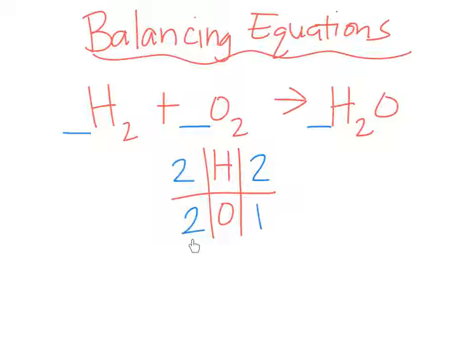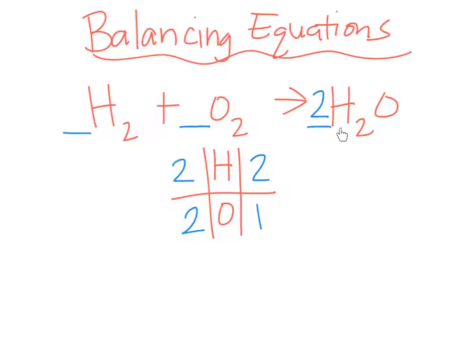If we have 2 oxygens on the left and only 1 on the right, somehow we have to make this 2. To make that 2, we have to put a 2 in the front of the water. By putting a 2 in front of the water, it multiplies through, so it's going to double everything here.